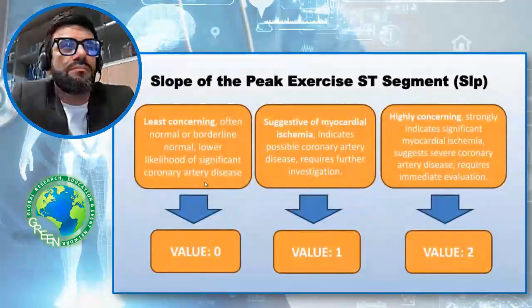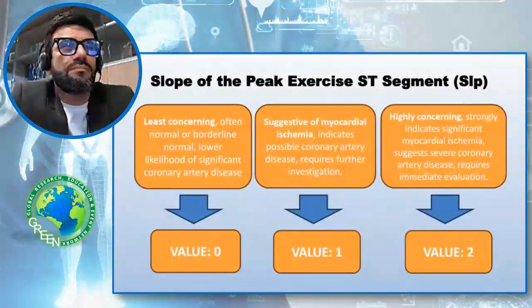We can see the slope, SLP. It is the ST segment shift relative to exercise-induced increments in heart rate. The ST heart rate slope has been proposed as a more accurate ECG criterion for diagnosing significant coronary artery disease, or CAD.